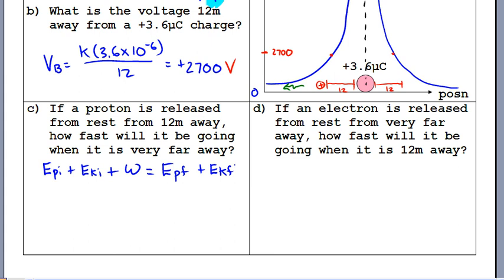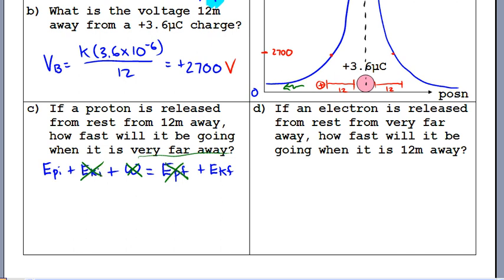Well, it didn't say it had a running start. In fact, it said it started from rest, so no EKi. And then it said, oh, we're going to be very far away in the end. Well, that means there's no potential energy in the end. There's also no ELF, so we can throw that away. And so what we have is potential energy being converted into kinetic.